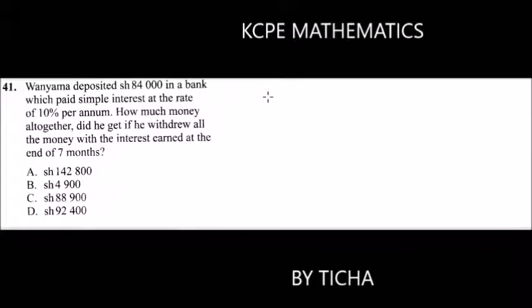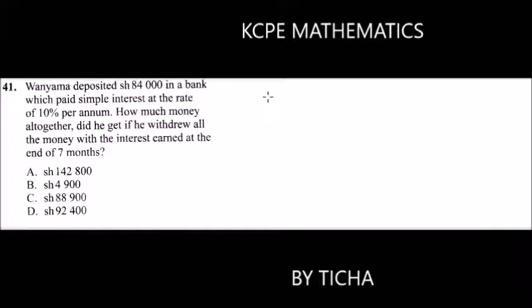Question number 41. Wanyama deposited 84,000 shillings in a bank which paid simple interest at the rate of 10% per annum. How much money altogether did he get if he withdrew all the money with the interest earned at the end of 7 months?